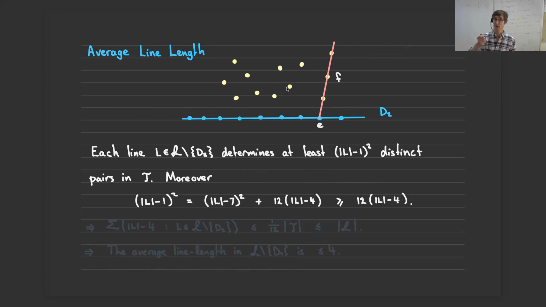So you choose the point off the longest line, and there's the size of L minus 1 choices for F. And now when I choose E, the only restriction for E is that it's not F. And so I get the size of L minus 1 squared distinct pairs. So every line contributes at least L minus 1 squared distinct pairs to this set script T. And of course, every pair of points determines a unique line. So if I take different lines, they're going to be determining different pairs.